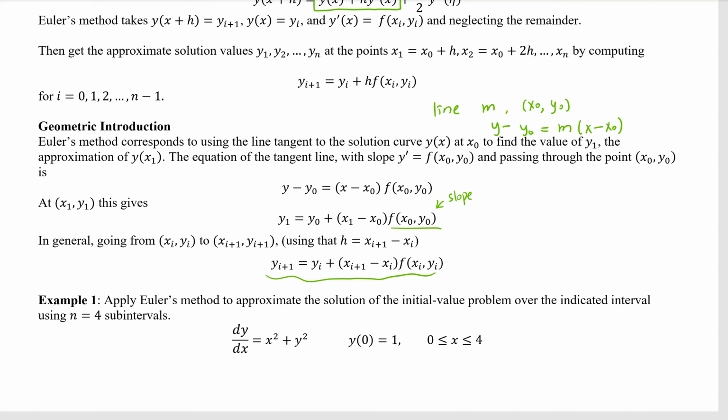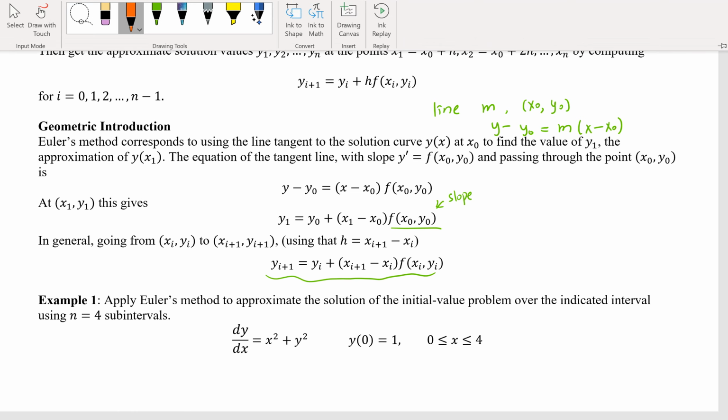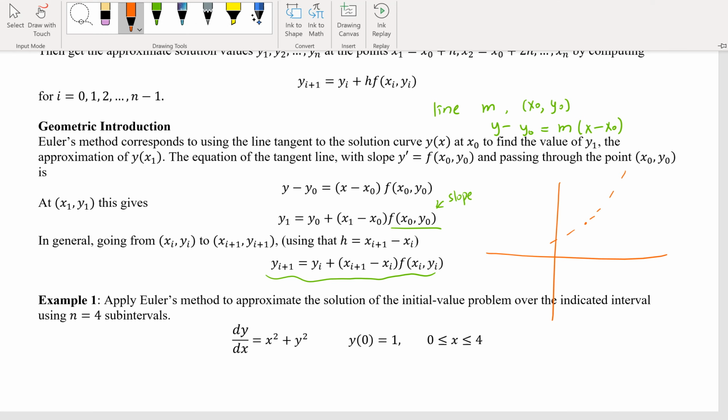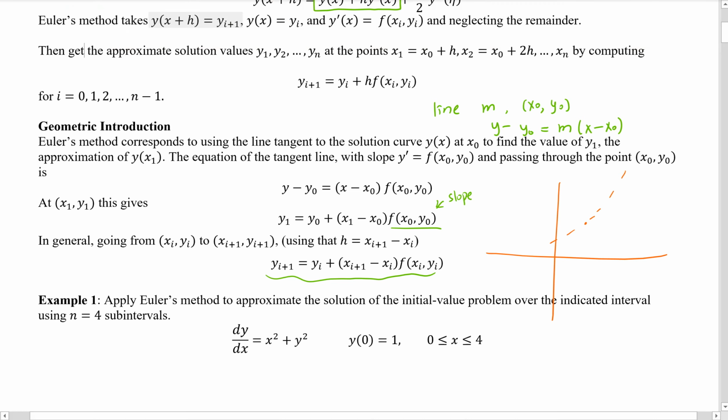Okay, so let me draw a picture here. So we said this is the initial point. Suppose we have the slope field like this. What does Euler's method do? So this is x0. Let's say this is x1. So we consider the tangent line passing through x0, y0, and then we use this as our approximated x1, y1.